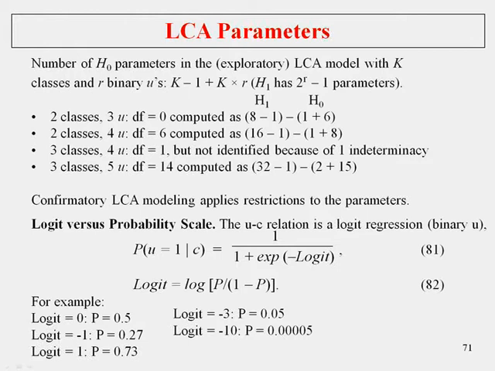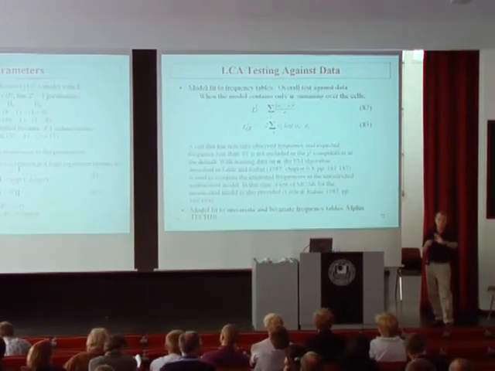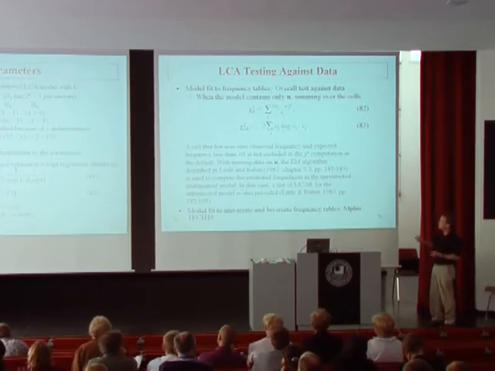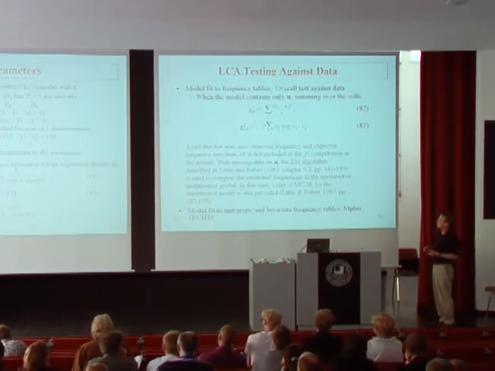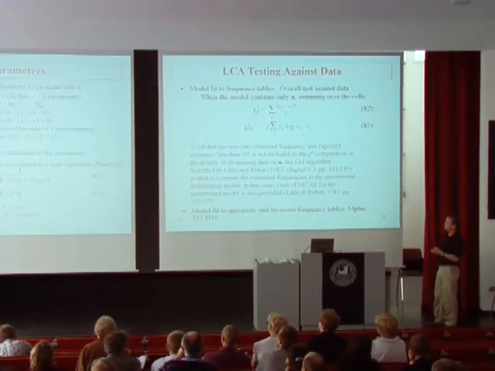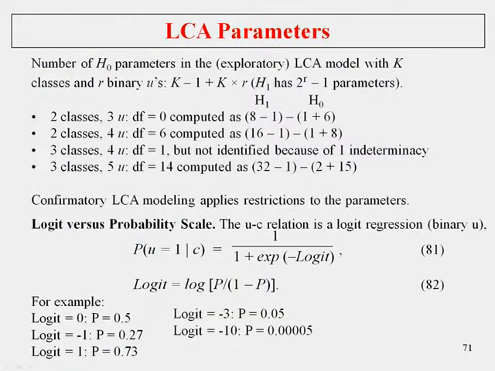The multinomial distribution just describes the probabilities of those 4 cells. For 4 cells, you need 3 parameters to make it totally unrestricted, right? That's the multinomial. So the multinomial is sort of the categorical counterpart to the normal distribution for continuous variables. With R binary variables, you get 2 to the power of R. So with 5 variables, you have 2 to the power of 5. How many is that?